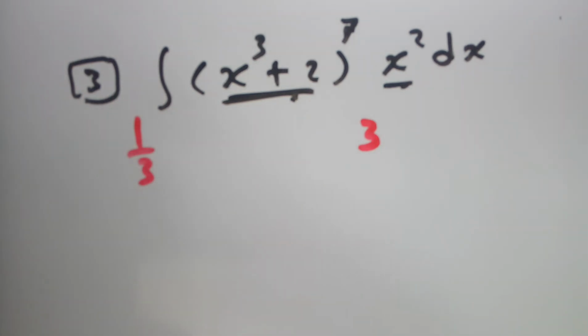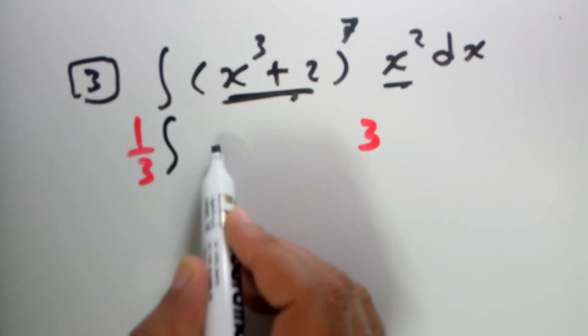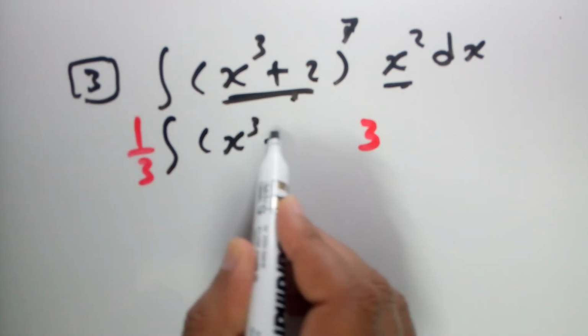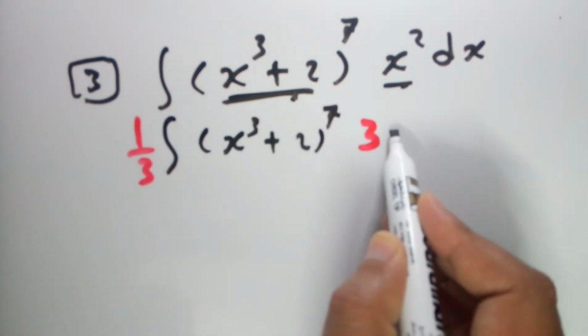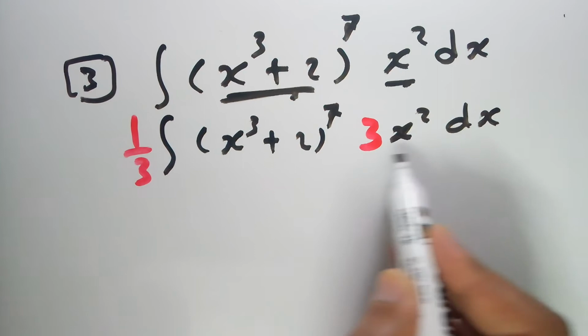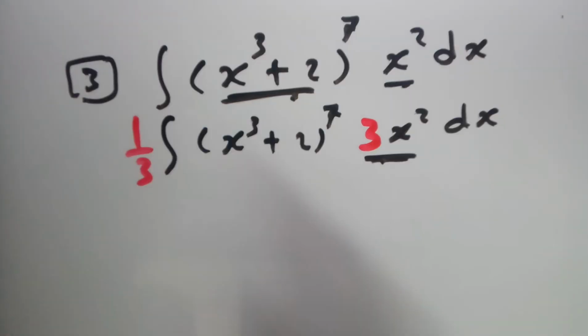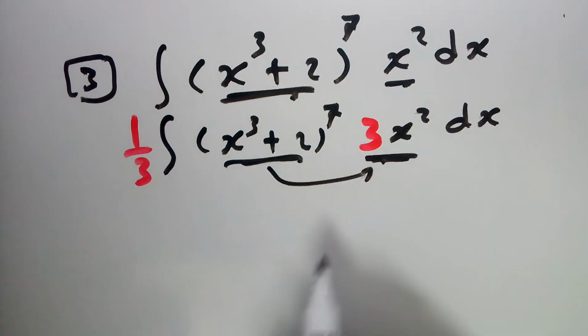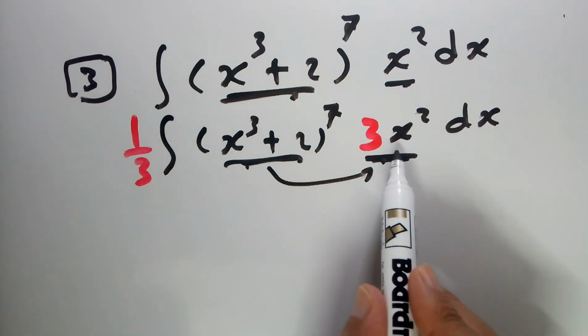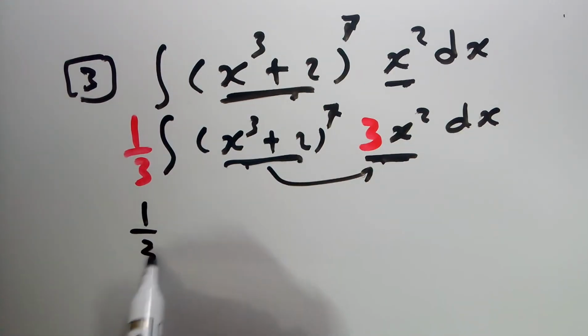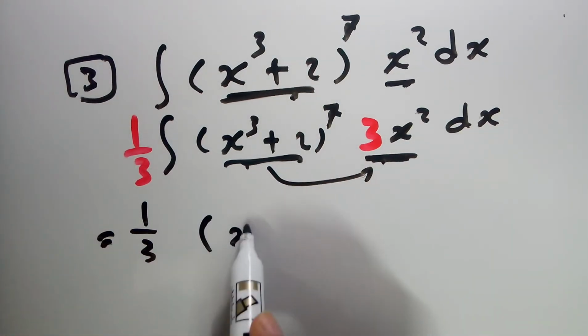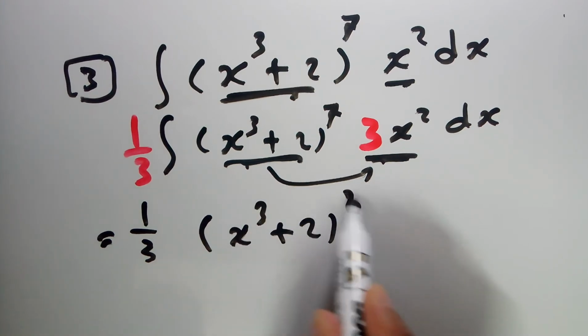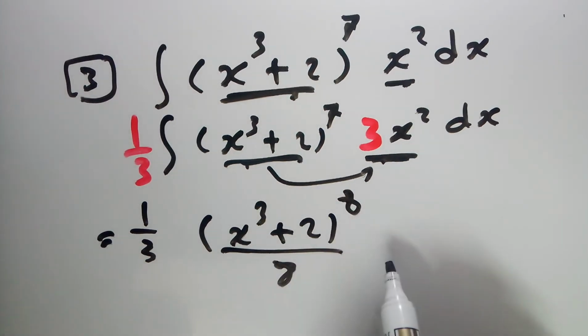Then it will be 1/3 times the integral of x cubed plus 2 all to the power 7 times 3x squared dx. Now this outer function is the derivative of the inner function. Then this is f of x and this is f prime of x. Then add 1: it will be 1/3 times x cubed plus 2 all to the power 8 divided by 8, plus c.